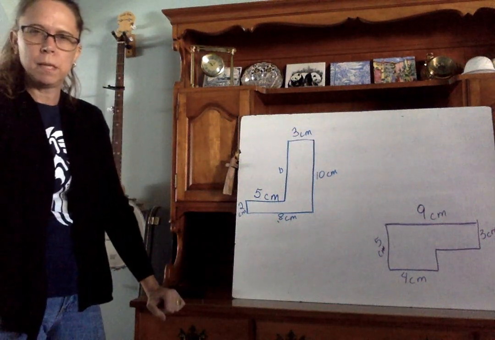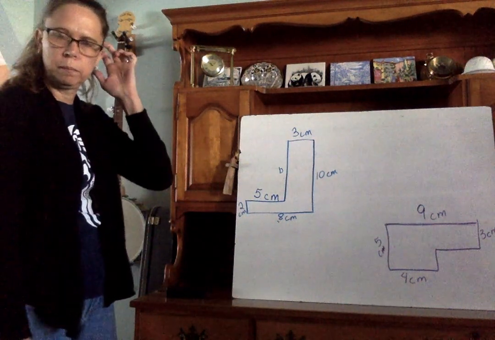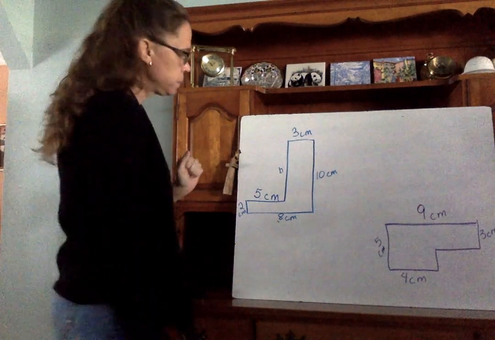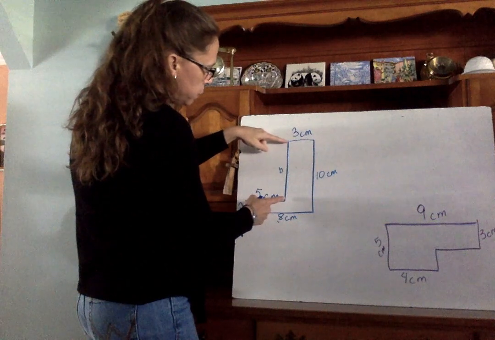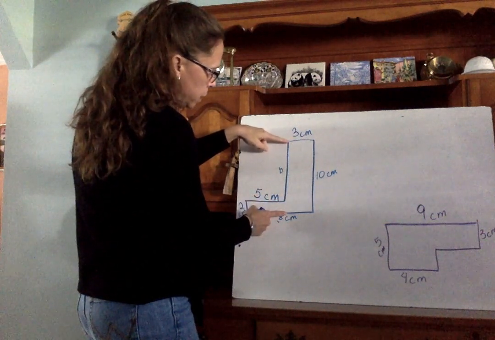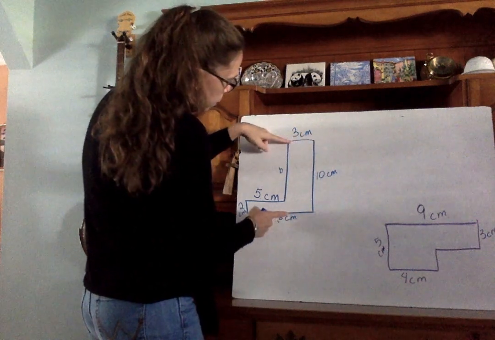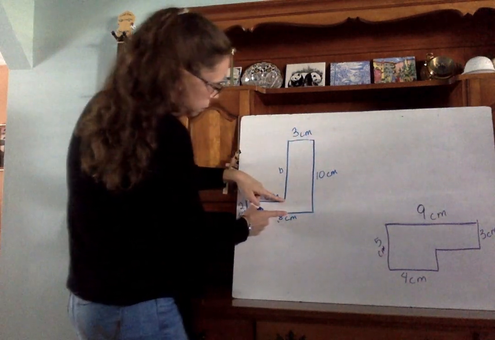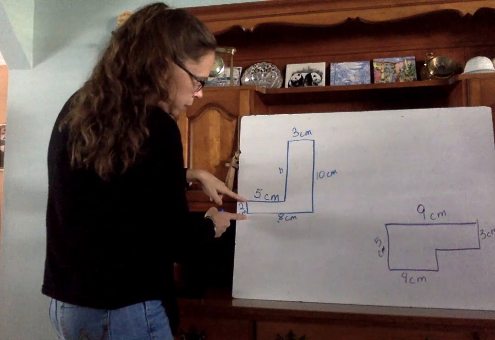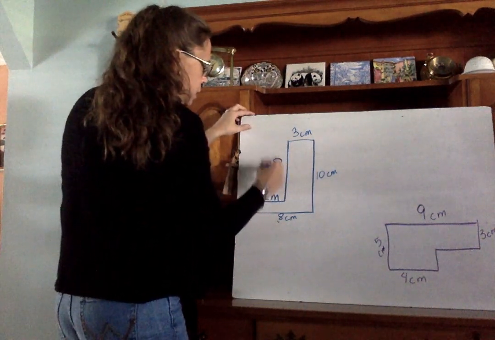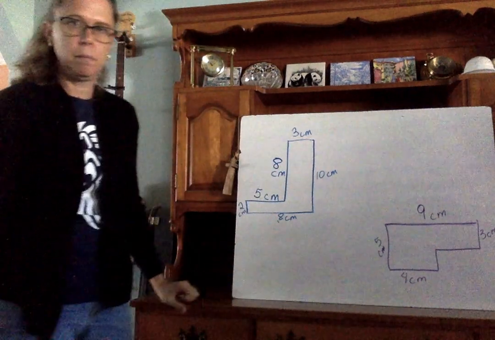Okay? See if you can figure out B. For B, if it was complete, it would be from here to here, which is the same as this, 10 centimeters. Okay, but it's not. This part is missing. This part measures 2 centimeters. So 10 minus 2 is 8. This part here is 8 centimeters.